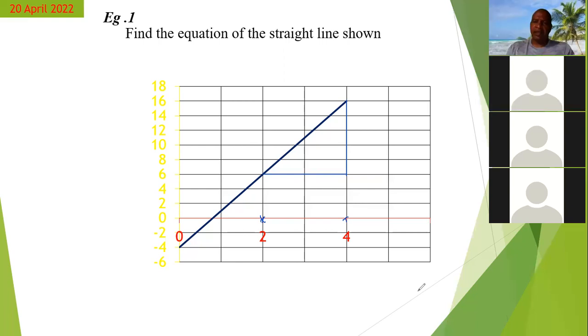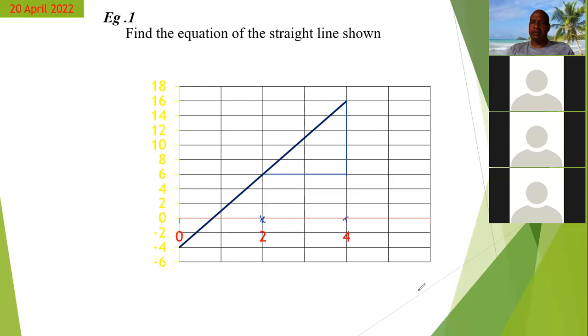Okay, Ms. Ray, some of you made your calculation? Yes, sir, I think I did. Okay, you want to share what your gradient is with us? All right, sir. So for the gradient, sir, I use the formula y2 minus y1 over x2 minus x1. The values I got for x2 and x1 were 2 and 4.